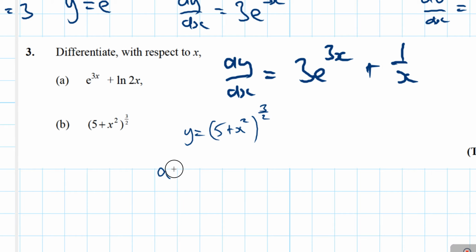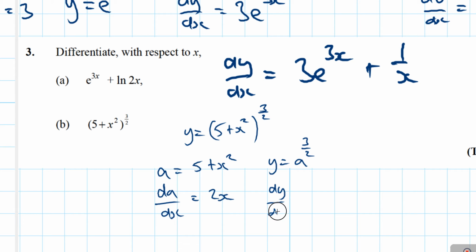We're going to say that A is equal to 5 plus x squared, and we're going to differentiate this, so dA dx, 5 differentiates to 0, and x squared differentiates to 2x. And then we've got our y term, so y is equal to A to the power of 3 over 2. So dy dA, again, multiply by the power, it's 3 over 2 A, and then reduce the power by 1. So 3 over 2 minus 1 is equal to a half.